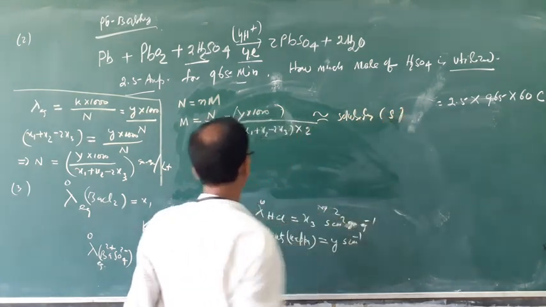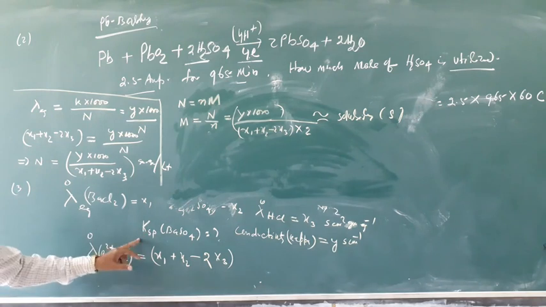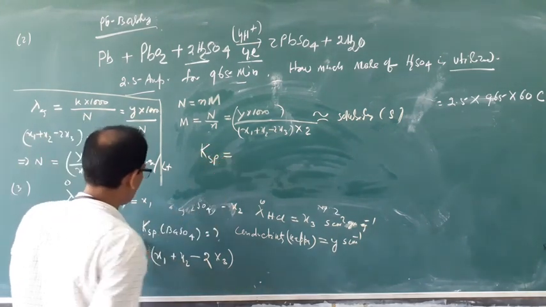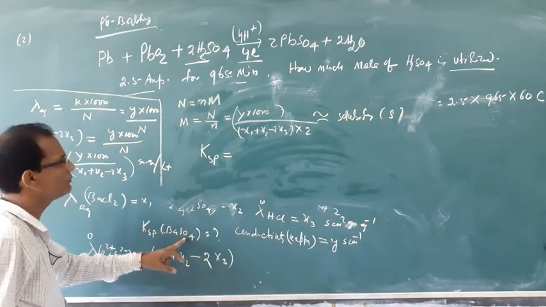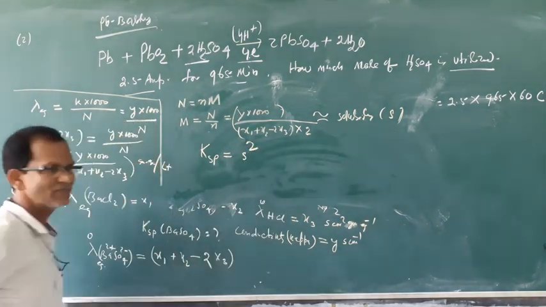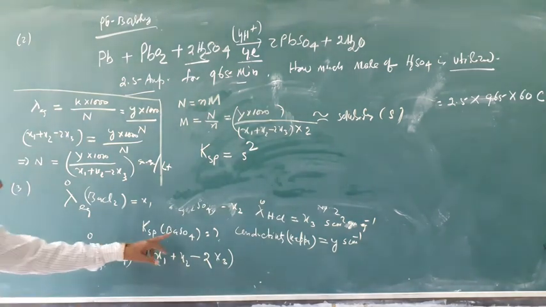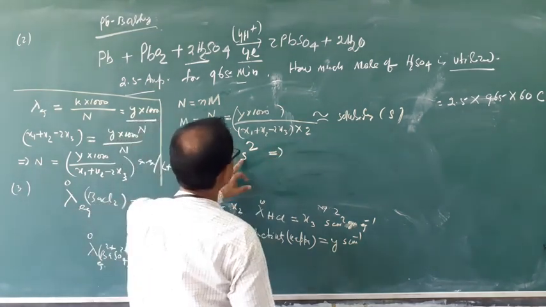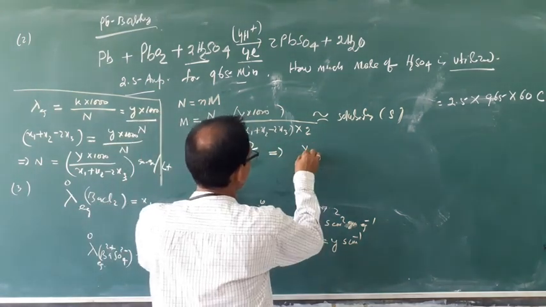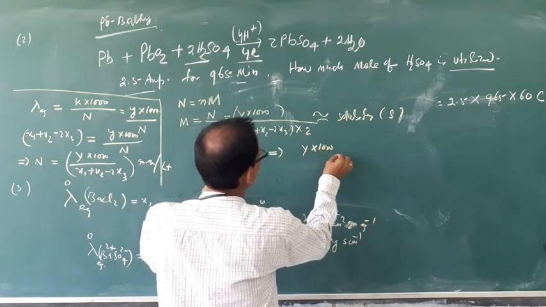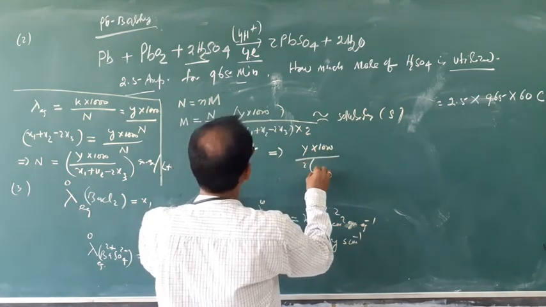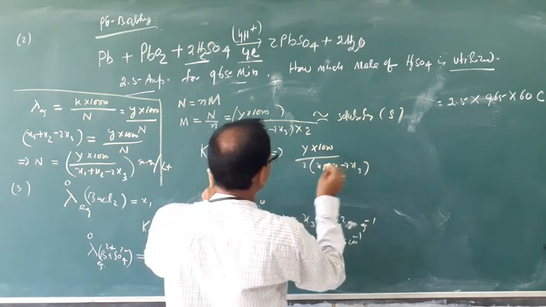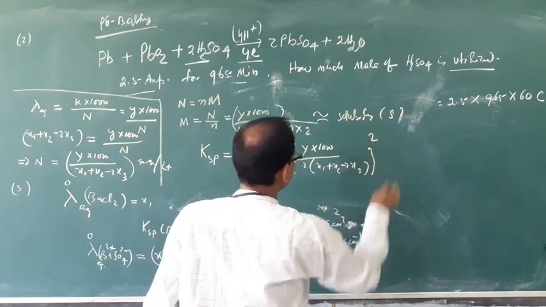Solubility means S. Now the question is to calculate the solubility product. For barium sulfate, as 1 barium ion and 1 sulfate ion are present, the solubility product is S square, S into S, where S is the solubility. S is y into 1000 upon 2 into x1 plus x2 minus 2x3, all squared.